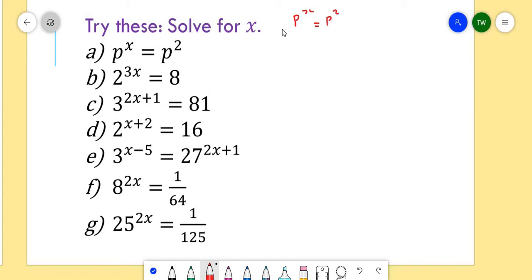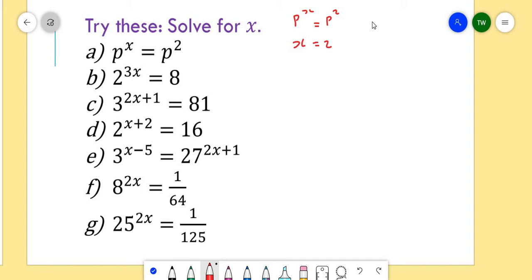Now note here that the bases are p, so the bases are the same. The rule says if the bases are the same on both sides of the equation, then we simply equate the powers. So therefore x is equal to 2. Easy as that.